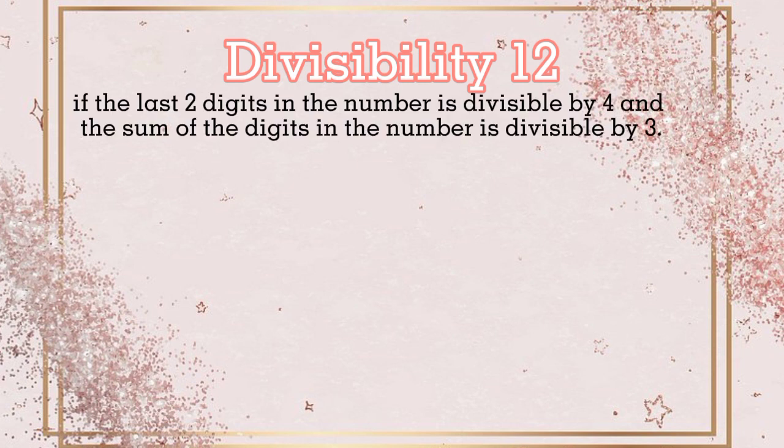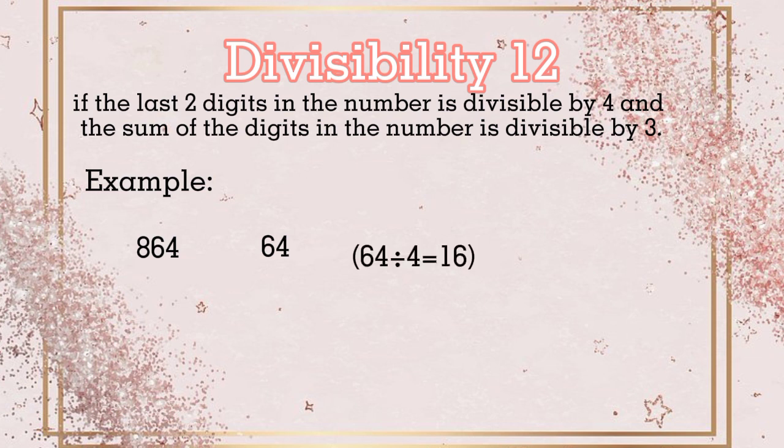Last is divisibility by 12. A number is divisible by 12 if the last two digits of the number are divisible by 4 and the sum of the digits in the number is divisible by 3. For example, 864. The last two digits are 64, which is divisible by 4. 64 divided by 4 is equal to 16.